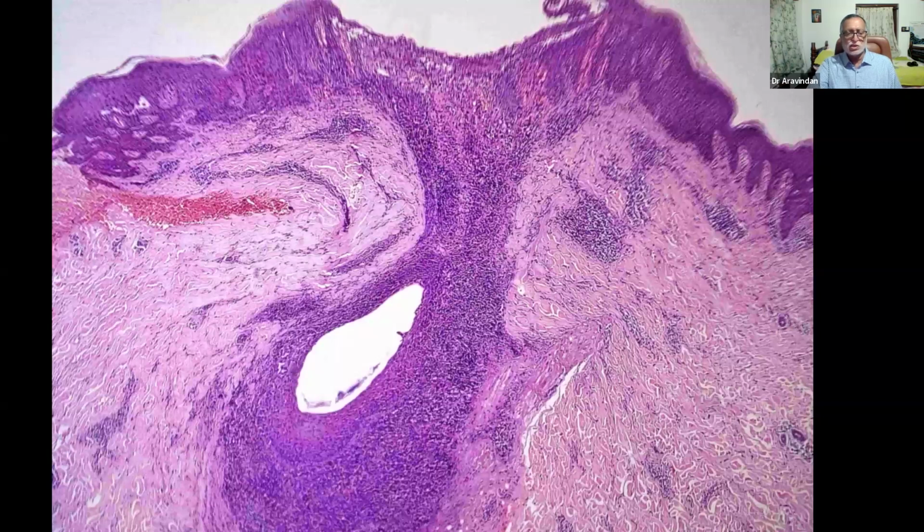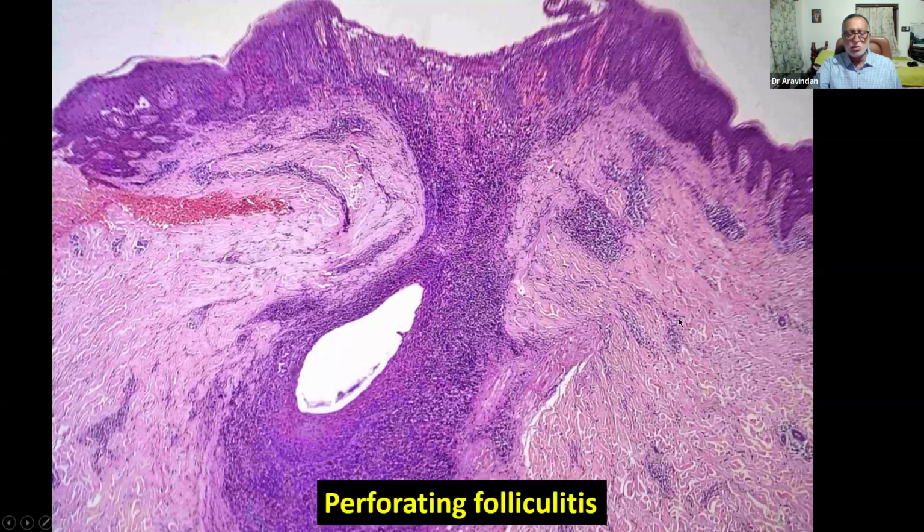In this case, you find a follicle and inflammation all around. And here, it seems to be almost ulcerated. And if you ask the history, there will be history that some material is getting extruded out. And history similar to that is perforating folliculitis.